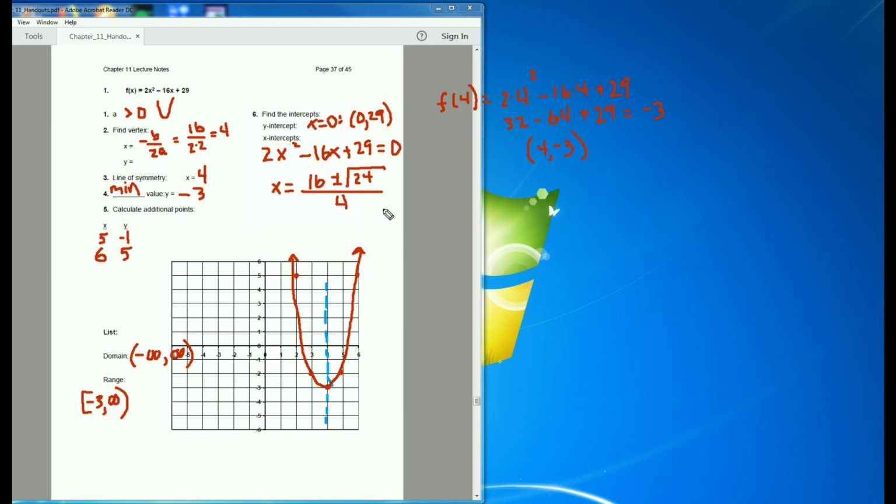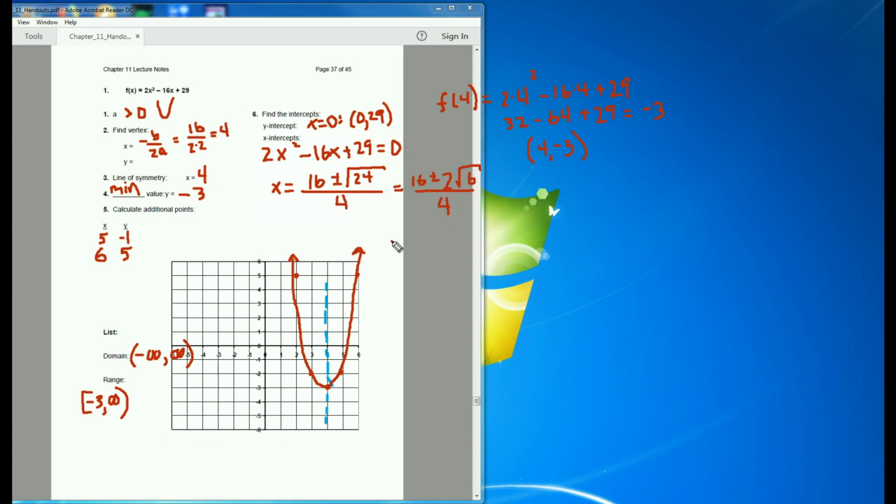And again, we just saw in the previous problem that 24 is 4 times 6, so you can take out a factor of 2. So that becomes 16 plus or minus 2 times the square root of 6 over 4. And let's see, we could go a couple different ways with this. If we want to leave it all over the same thing, we can only take out a factor of 2.